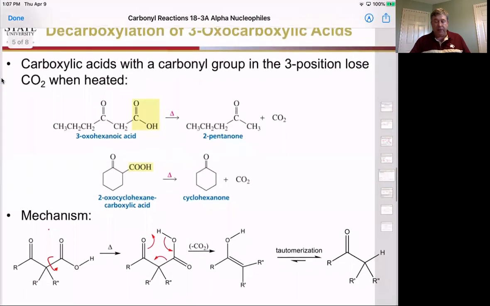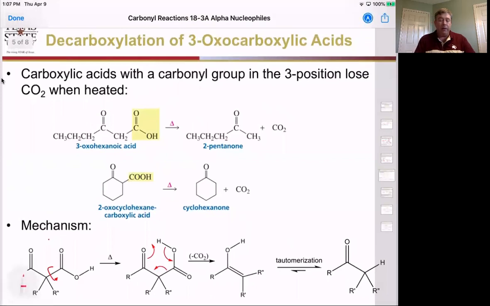So let's see how we can use that. One way to use that is to have a carboxylic acid right here, and a ketone on one side. So this would be an intermediate we could form using this.